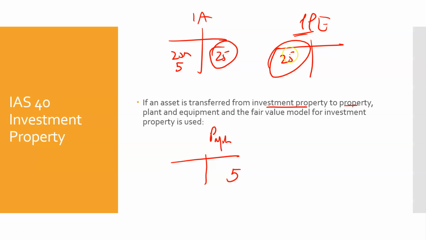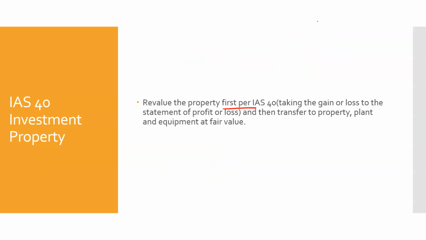And now it becomes whatever it is, depending on how you choose to do things within PPE. But the key point here is that with investment property, you're able to recognize things at fair value straight to the profit and loss account.